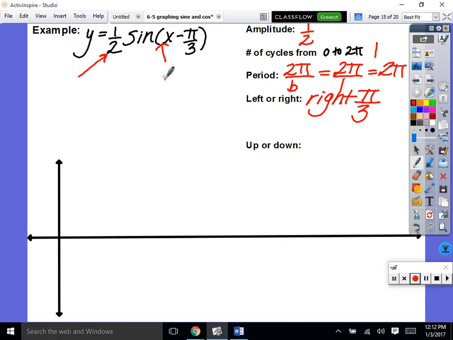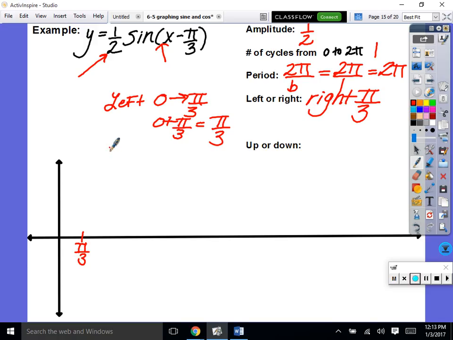So you can think of this so many different ways. I sat and debated which is going to be easiest for them. So here's my left endpoint. It used to be at 0. We now shifted it right pi thirds. So when would that be? 0 plus pi thirds, which is pi thirds. So we're shifted over pi thirds. That's our starting point.